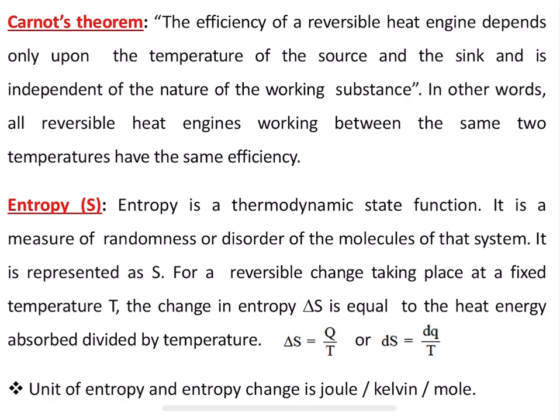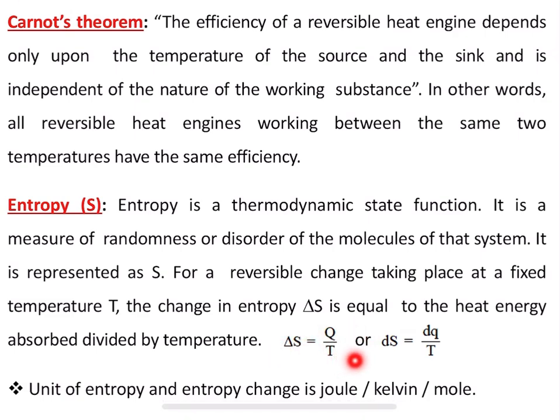For a reversible change taking place at a fixed temperature T, the change in entropy, delta S, is equal to the heat energy absorbed divided by the temperature. This is how we define entropy. Delta S is equal to Q divided by T, where Q is the symbol used to represent the heat energy absorbed by the system.